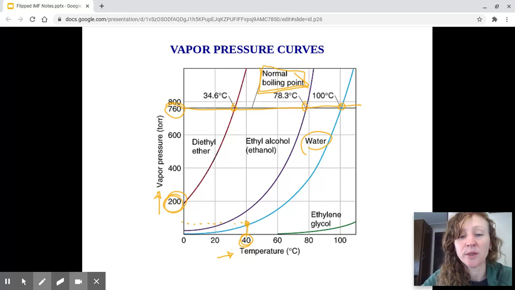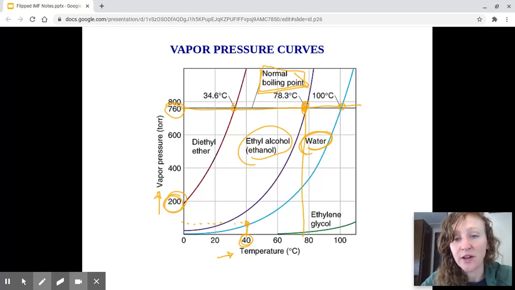And you could do some comparisons between water and ethanol. For example, notice that the normal boiling point at 1 atmosphere for ethanol is somewhere around 75. The normal boiling point for water at 1 atmosphere is somewhere around 100.